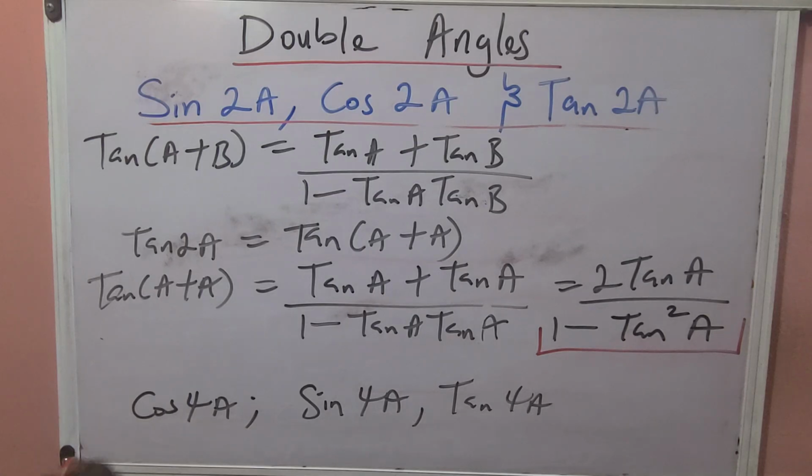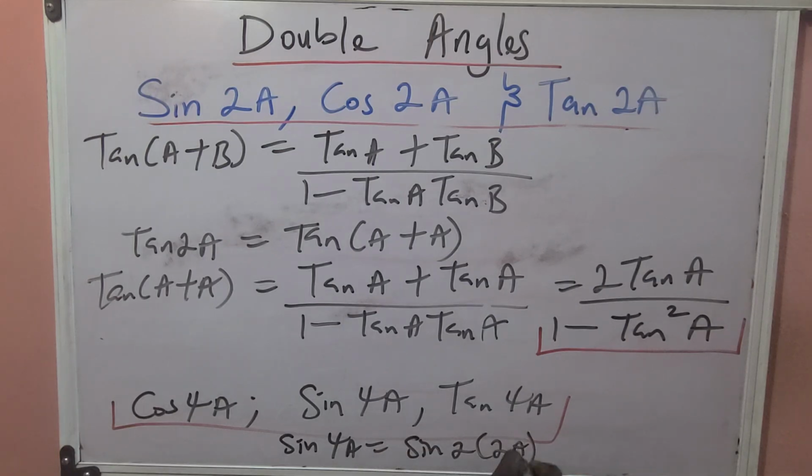So just to give you a hint, when you're dealing with, for instance, sine 4A, it will be sine 2 times 2A. So in this case now, wherever you saw A in your sine 2A, which we have derived, you'll now be putting 2A. So that's the clue for you to be able to solve that successfully.